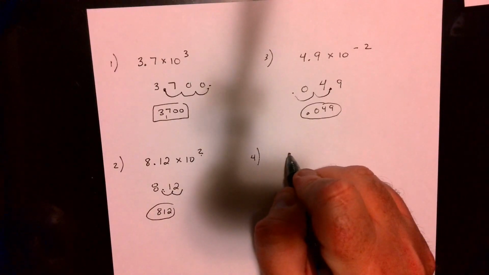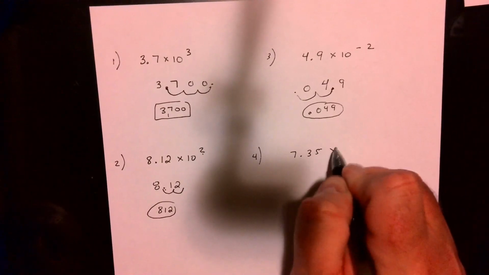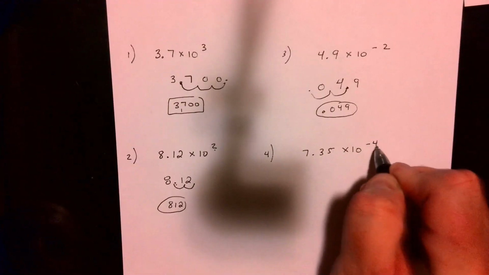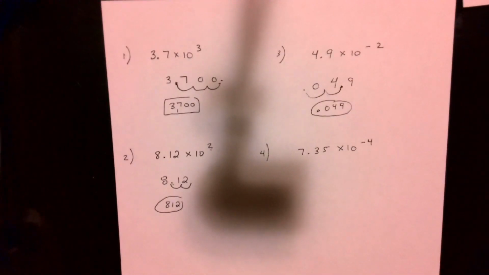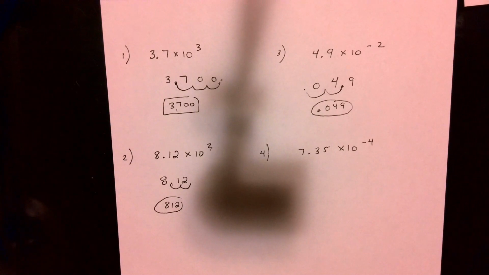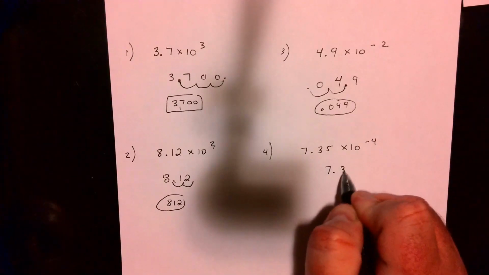If we had 7.35 times 10 to the negative 4th, I want you guys to try that one real quick. Okay, so hopefully you wrote 7.35.